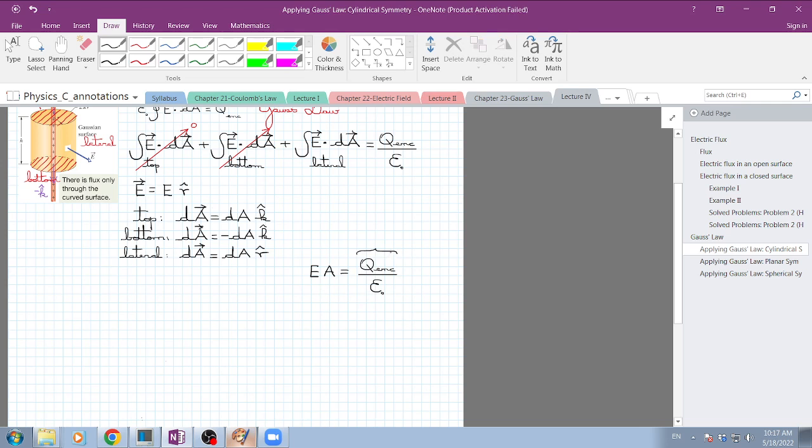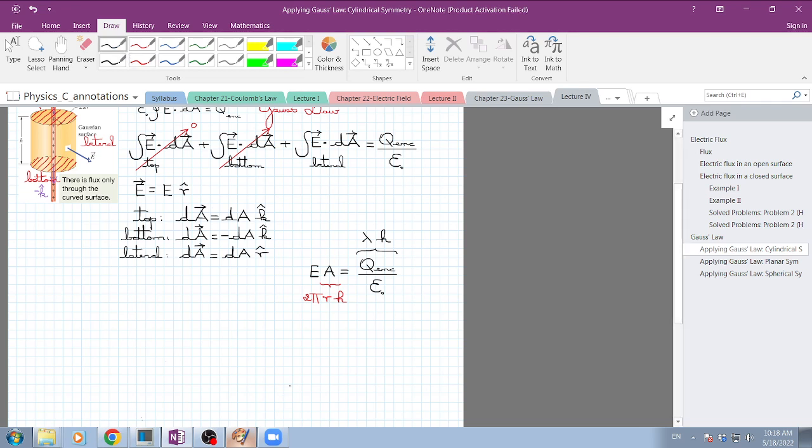as a function of the line charge density, and we know the lateral area of a cylinder is going to be 2 pi times the radius times the height.